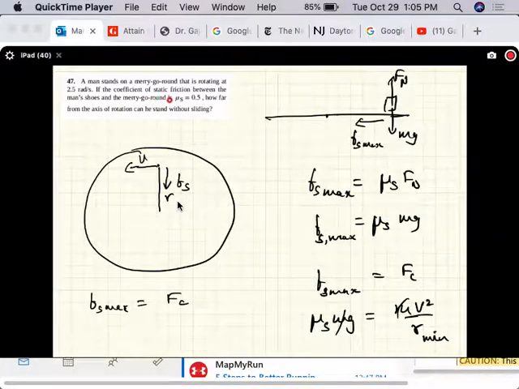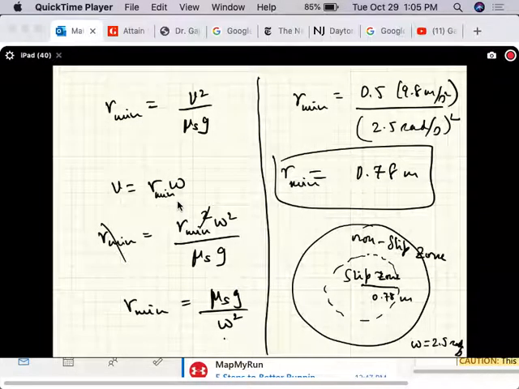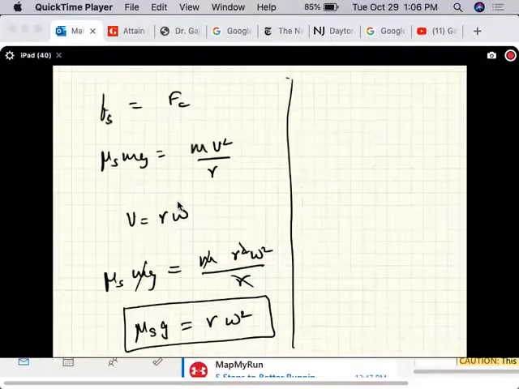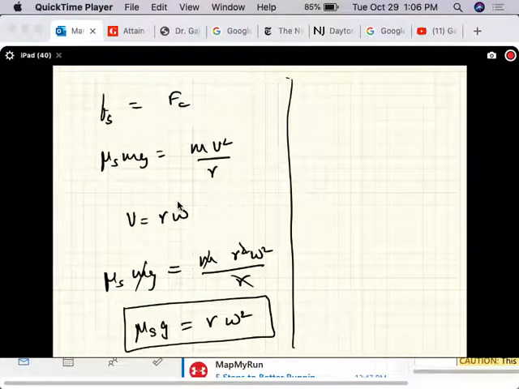Okay, the coefficient of static... Yeah, so this thing is implying... It's all about the relationship between your speed versus how fast you rotate.